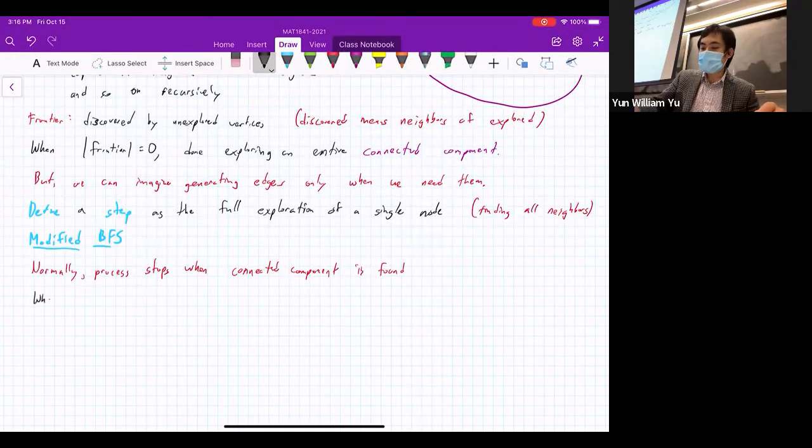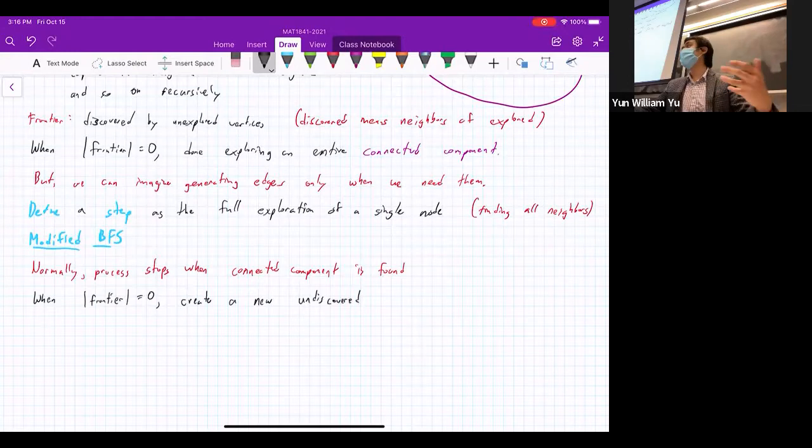So instead, what we're going to do is, when the frontier is equal to 0, so this will be after you found your first component, or at the very beginning when you don't have a frontier yet, then we're going to create a new node, and this is going to be important. This is not a node we've discovered, because it's not a neighbor of any node.